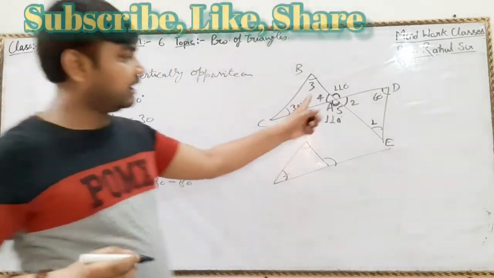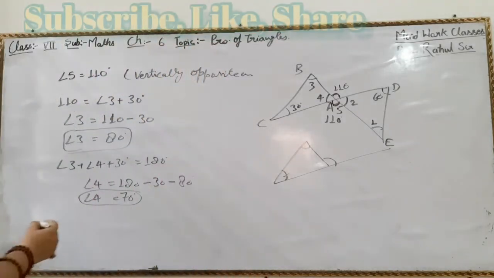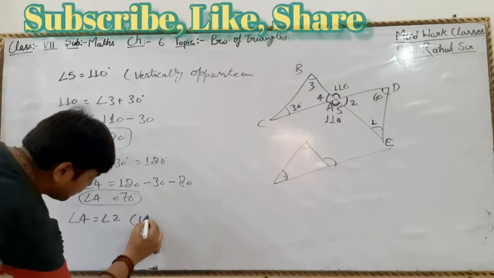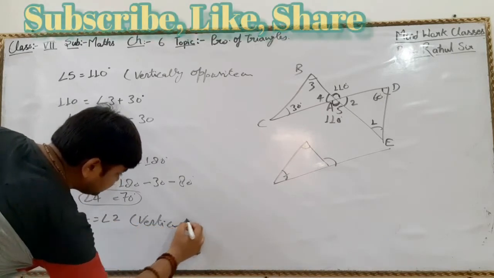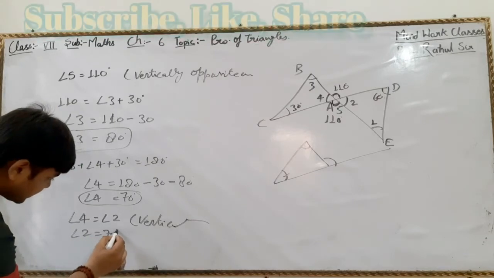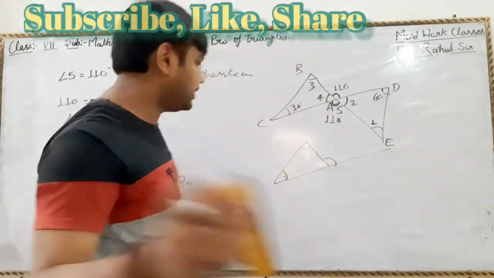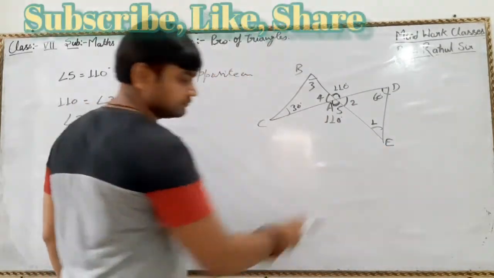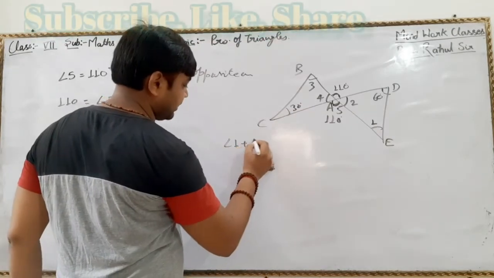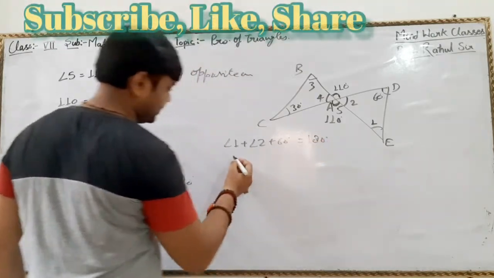Angle 4 and angle 2 are vertically opposite angles. Angle 4 is equal to angle 2, vertically opposite angles. So angle 2 is equal to again 70 degree. Again we can apply angle sum property: angle 1 plus angle 2 plus 60 degree is equal to 180 degree.